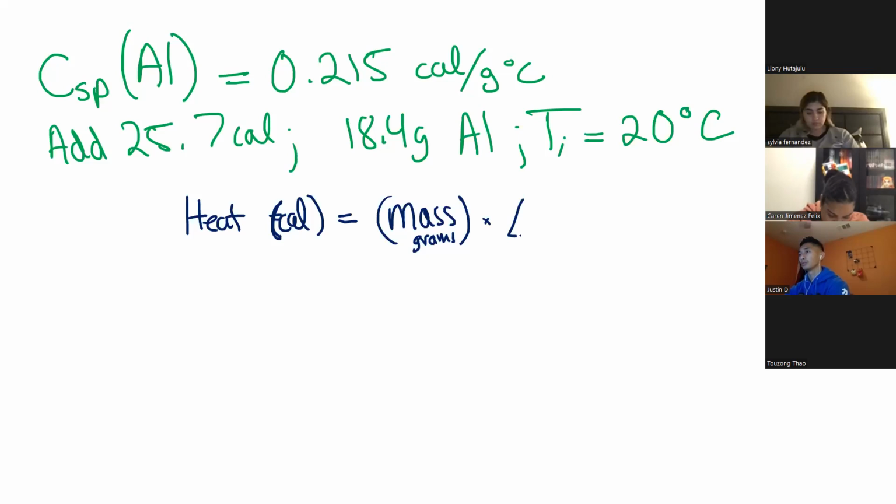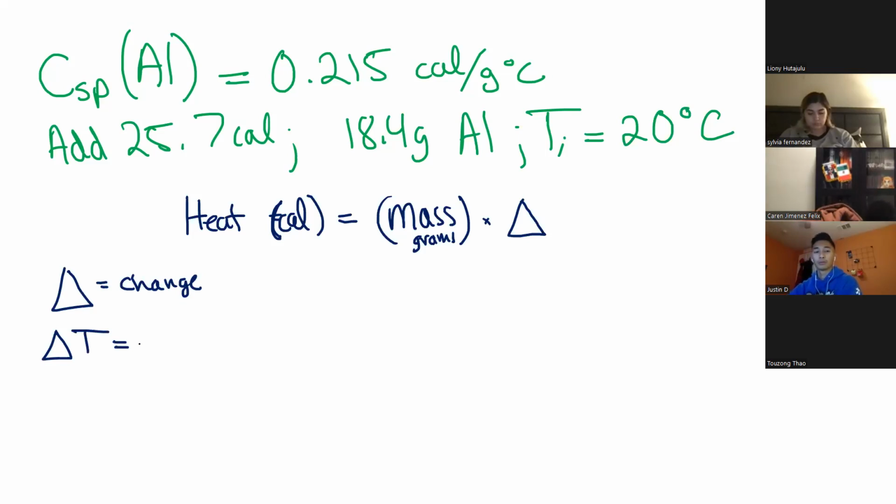the change. Is everyone familiar with delta for change? Is anyone not familiar with the use of delta for change? Okay. Triangle or delta, the Greek letter delta in this case, means change. And so if you see something like a delta T, what that actually means is temperature final minus temperature initial.